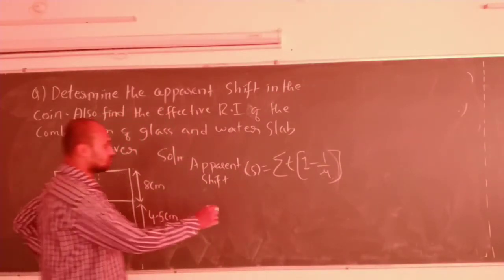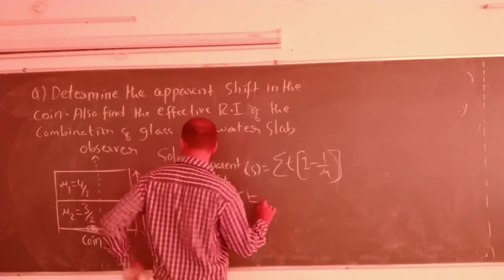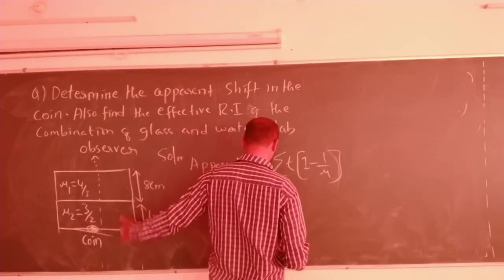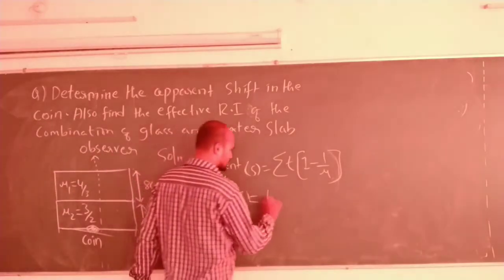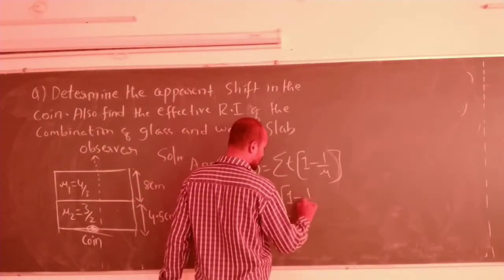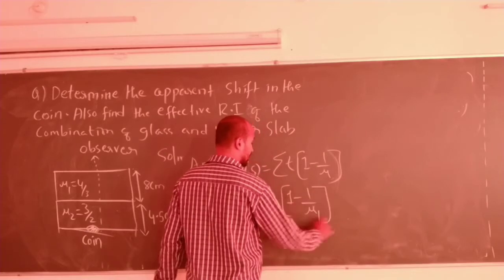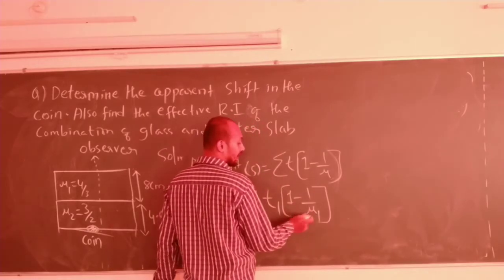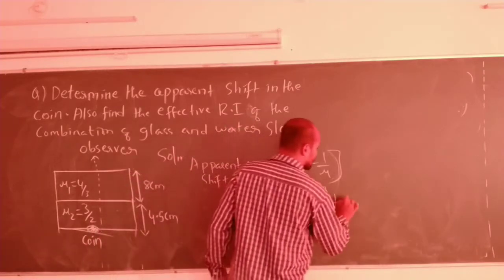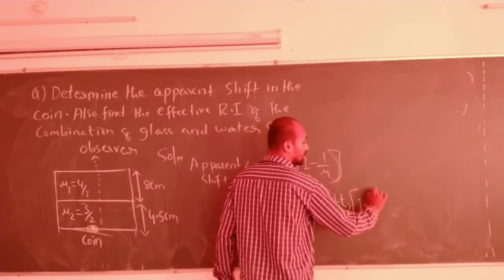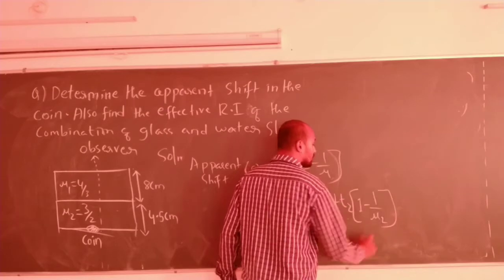Correct now? So the shift will be how much? Due to the first slab, shift will be T1 into 1 minus 1 divided by mu1 with respect to air. Air value is 1. Then plus T2 into 1 minus 1 divided by mu2.